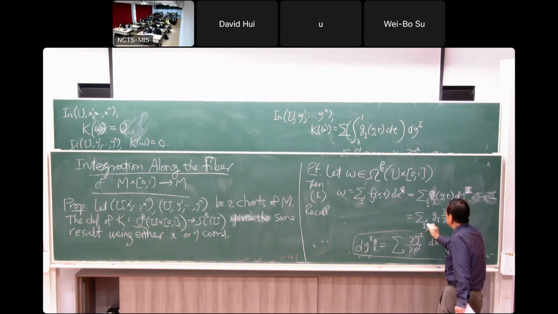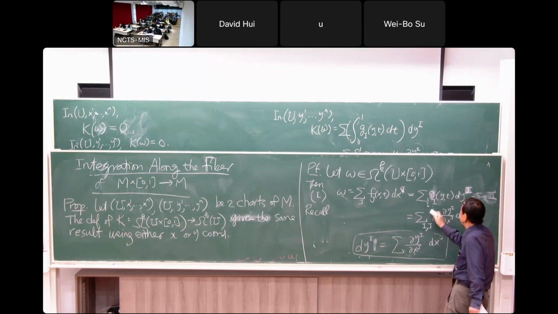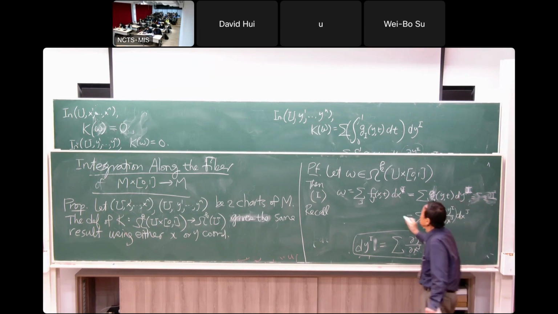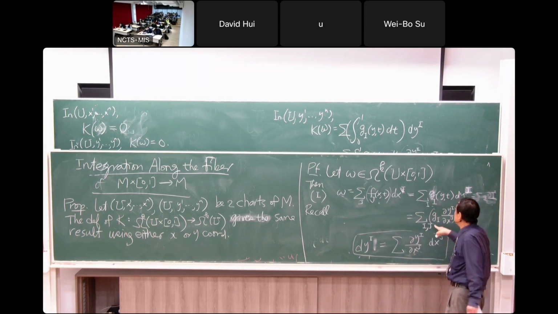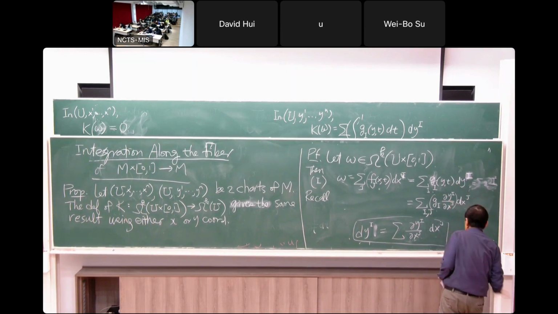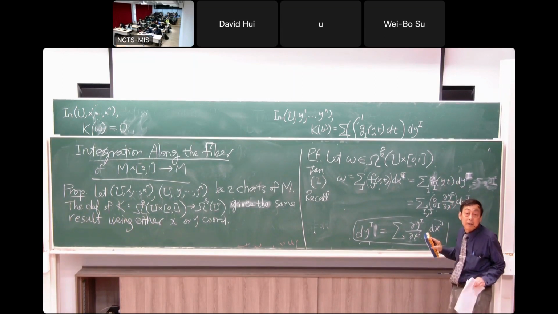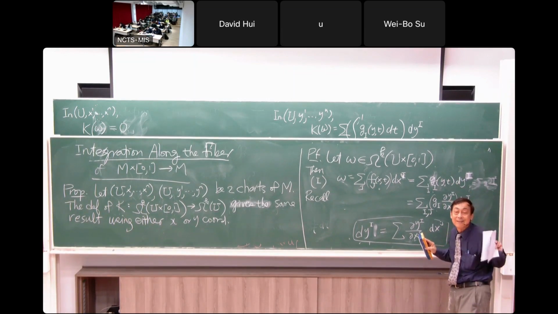And now I sum over ij, right? So I have this formula that fj is equal to the sum of this over I, okay?